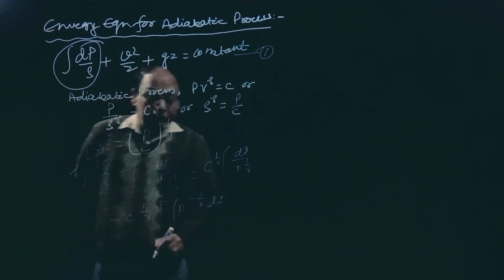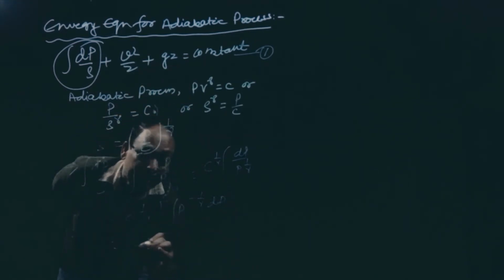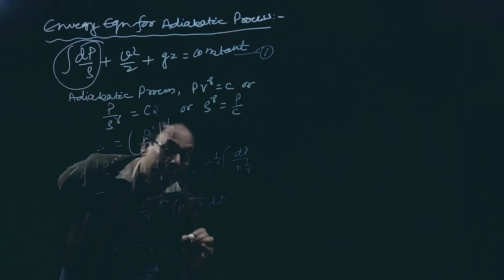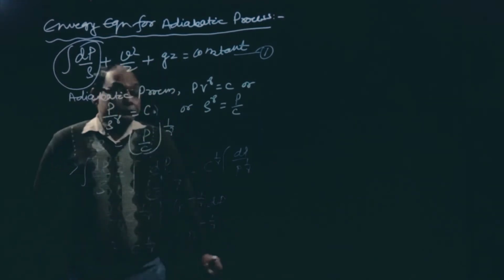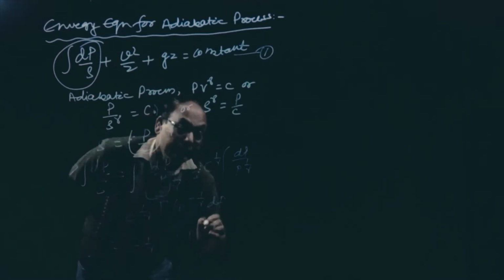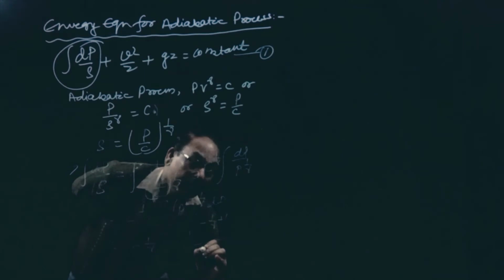Now this is x to the power n, and the integral of x to the power n is x to the power n plus 1 divided by n plus 1.